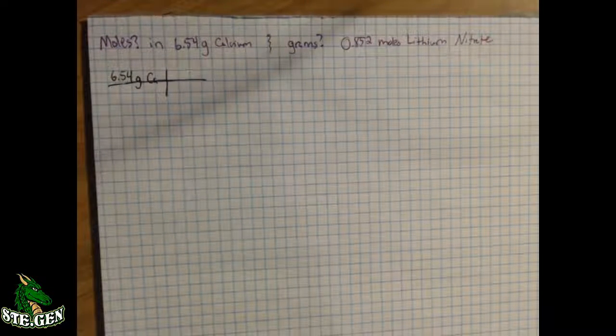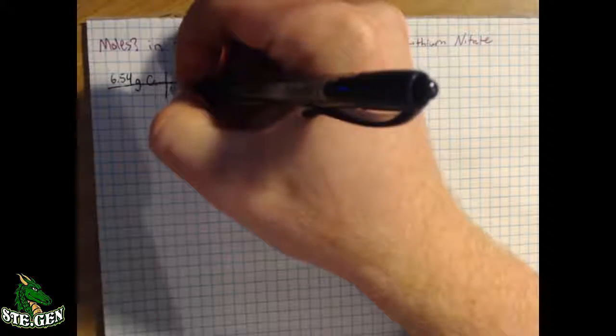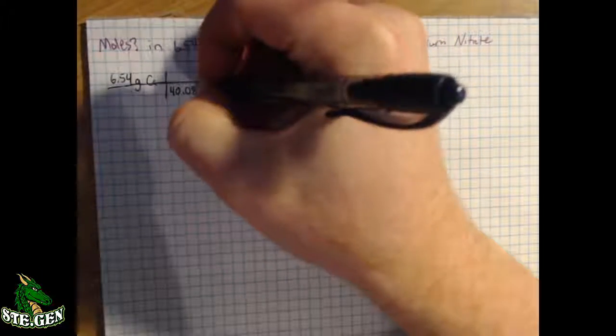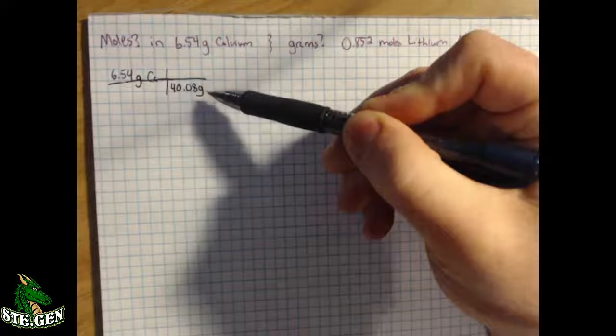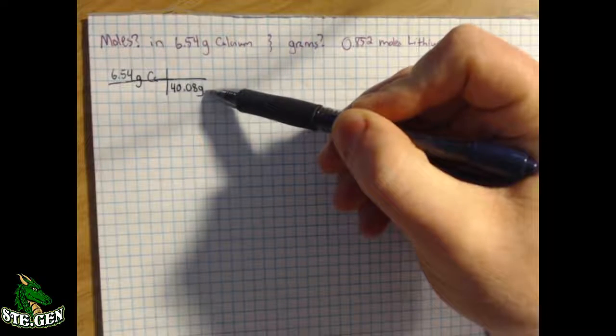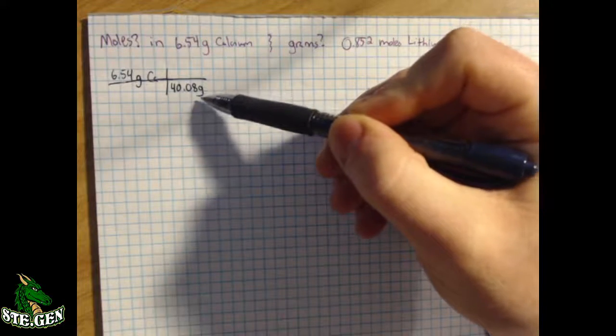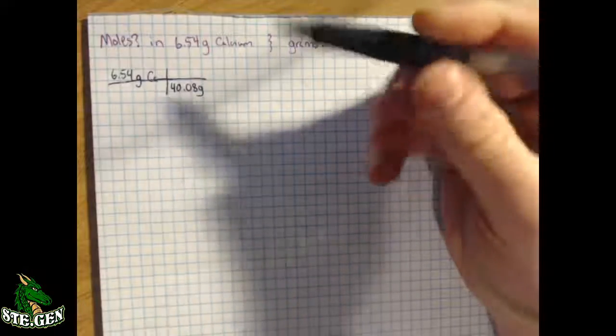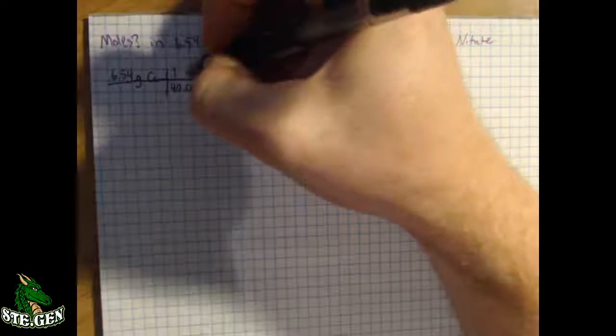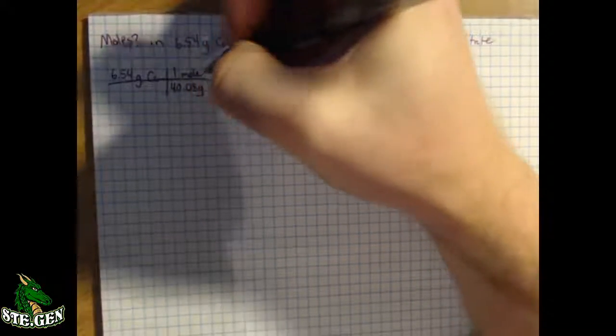And in this case, is there a conversion that goes between grams and moles? Yes, we look at the periodic table. So if you look at your periodic table, you will find that there are 40.08 grams. Now, I want you to think, why am I putting this grams on the bottom? If you said because there's a grams on top, you are correct. And then we're going to do 1 mole on top.